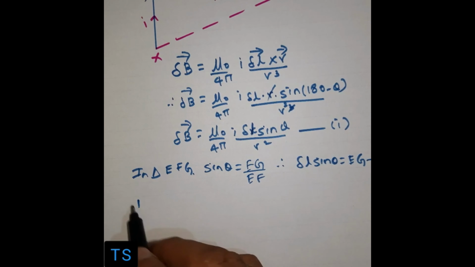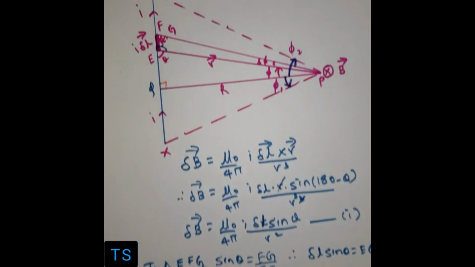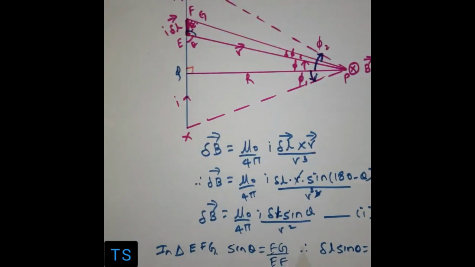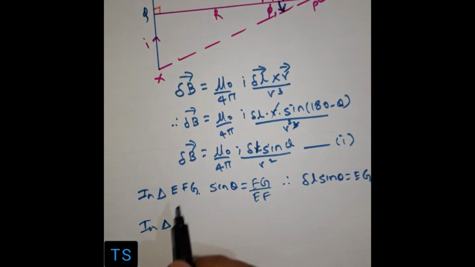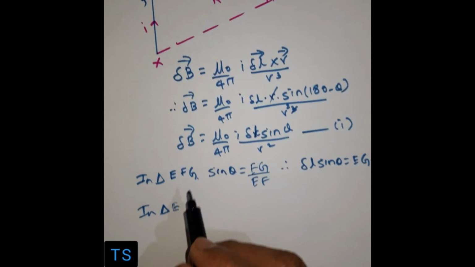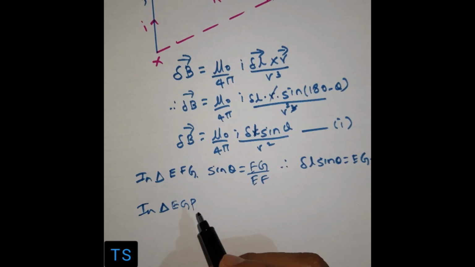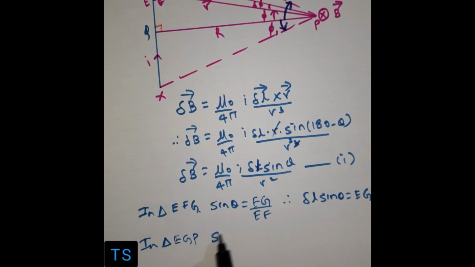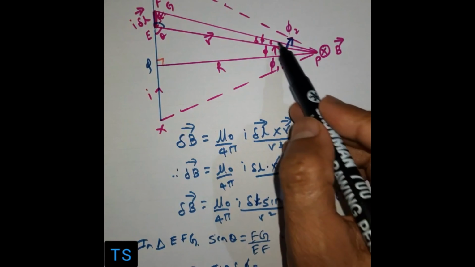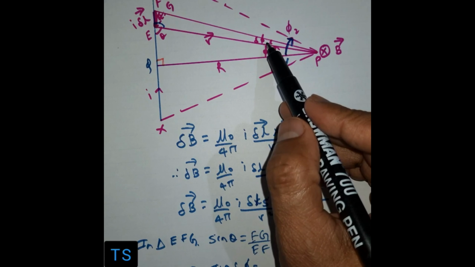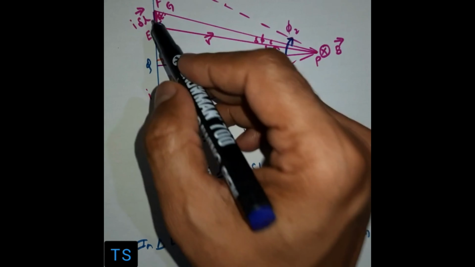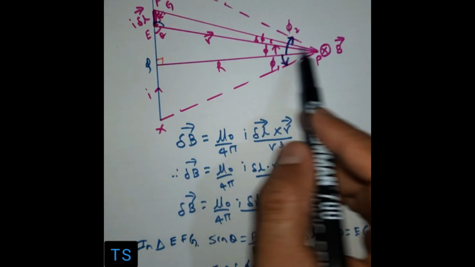Now in a similar way I take another triangle, triangle EGP. For this triangle EGP, I find sine of delta phi, and I know that sine is opposite upon hypotenuse, so it's EG upon EP.